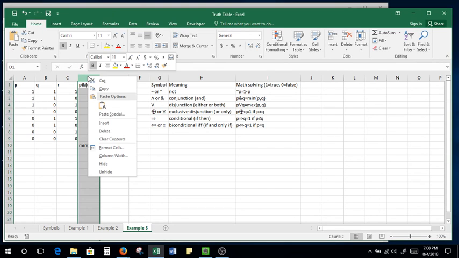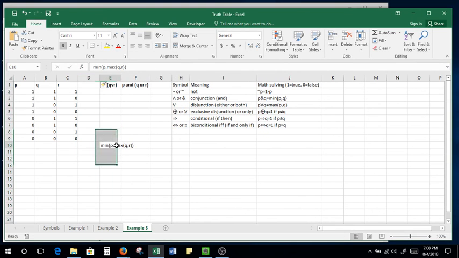So if we want to do that, personally, I would create a new column and calculate it out here. So the max, or the OR statement, the disjunction, is going to be Q and R, so the max value there is 1, 1, 1, 0, 1, 1, 1, 0.